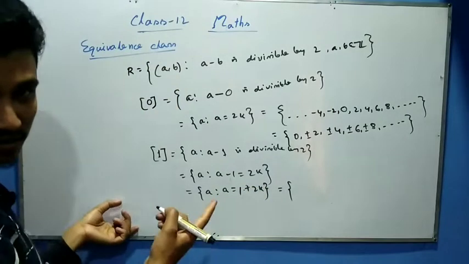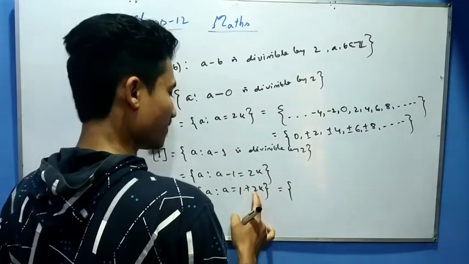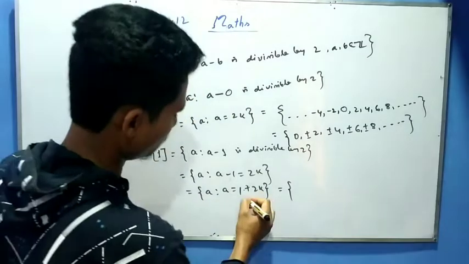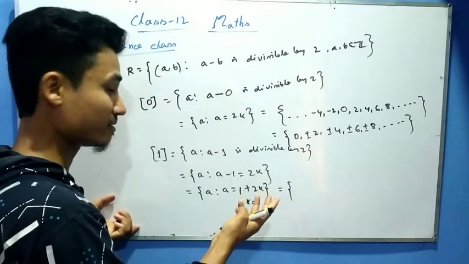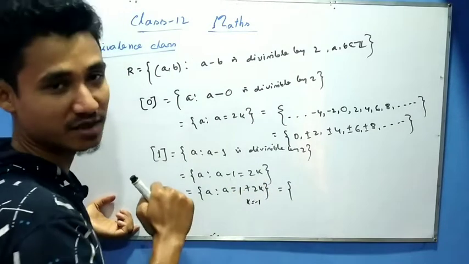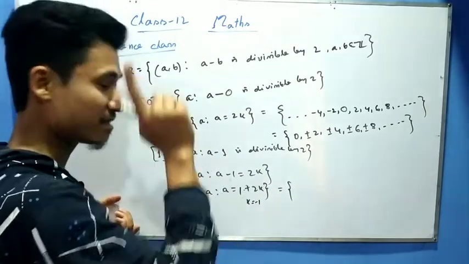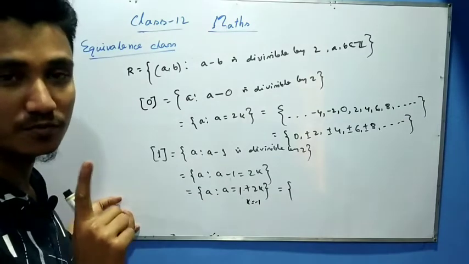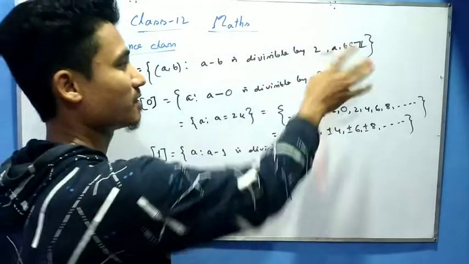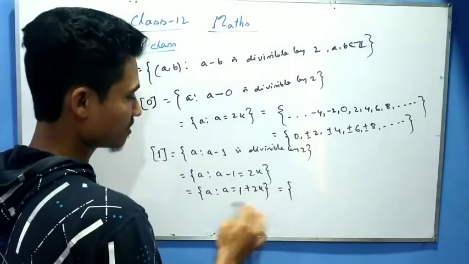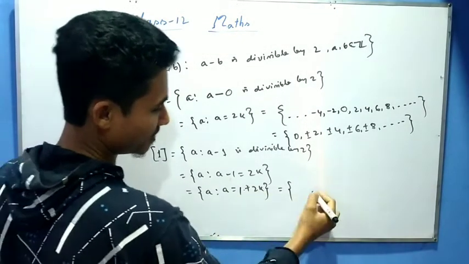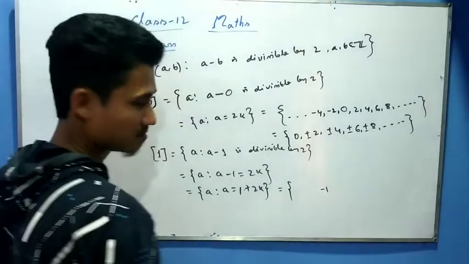all odd numbers. Now if I put k equal to minus 1 in the earlier relation, we cannot put minus 1, because the value of a would then be negative, and we cannot take a negative value of a because in that relation a, b both belong to the natural numbers. Now a, b belong to Z, all integers. So if I put k equal to minus 1, then 1 minus 2, the value of a is minus 1.